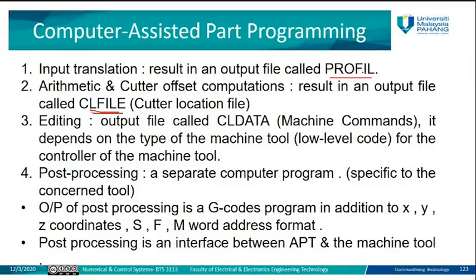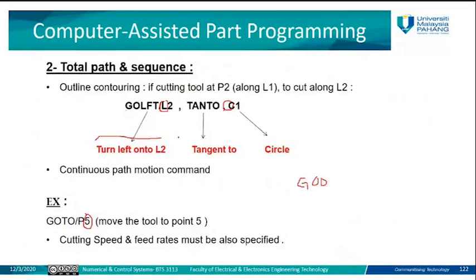So we will have a file of the profile, and we also have the cutter location file, which is the CL file. Editing also produces CL data for machine commands that we already fed in using this language, like go left to L2, tangent to C1, and so on.